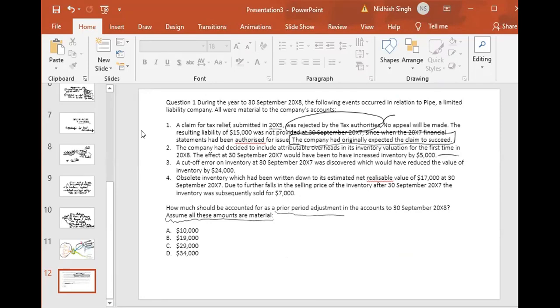So we are not talking about the prior period adjustment here, right? The effect at 30th September 2007 would have been to increase the inventory by 5,000. So a relevant sentence here to highlight.